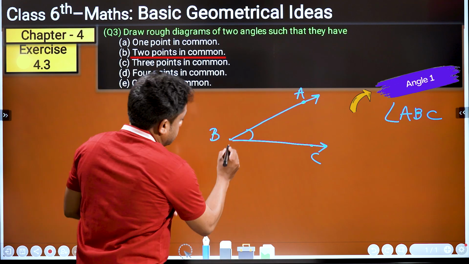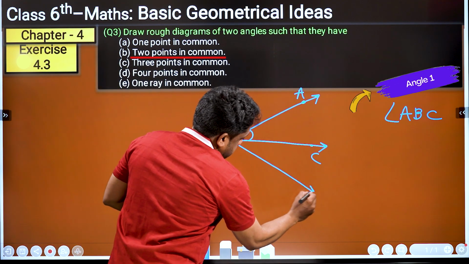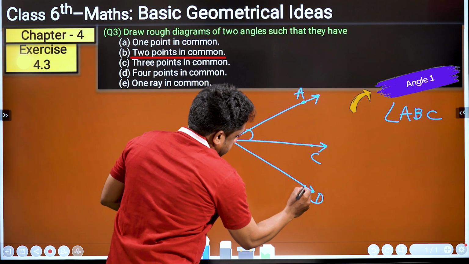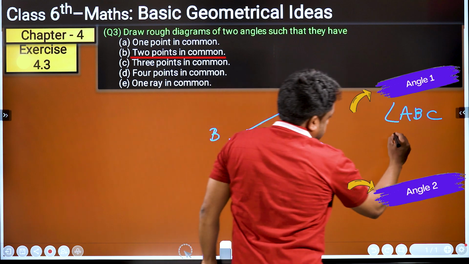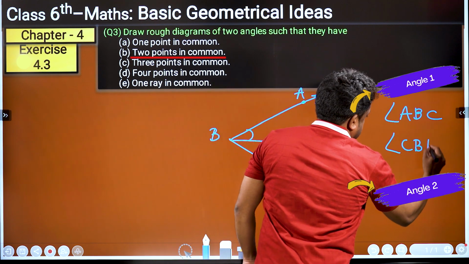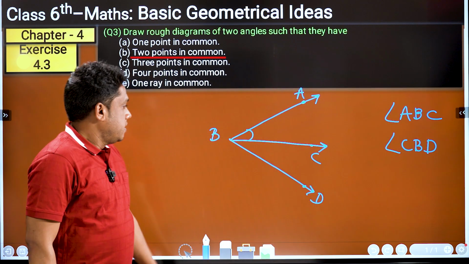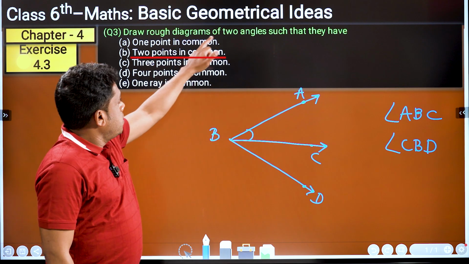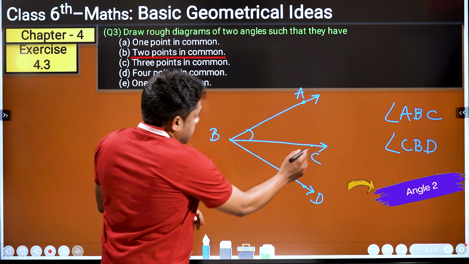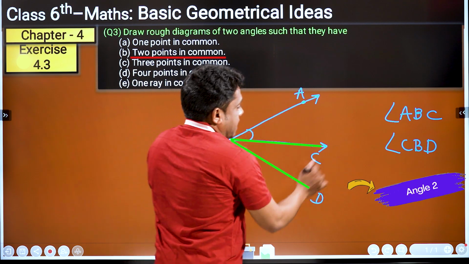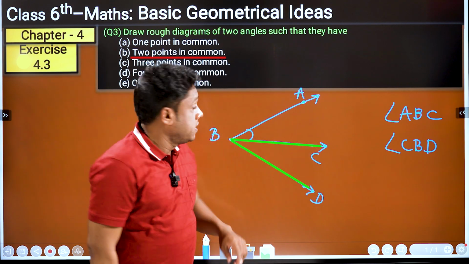Another angle is, we should draw two angles, right? D. This is another angle, CBD is another angle. Angle CBD. Correct? Now we have drawn two angles.